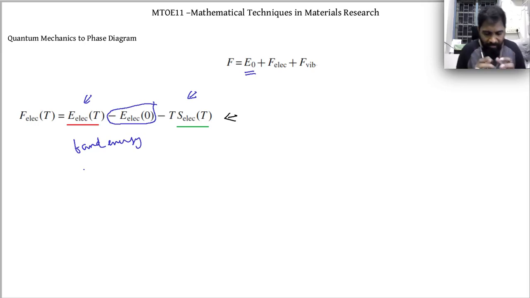So what band energy of the electrons means is that when we have electrons in a single atom, they occupy specific shells. When you consider a single atom and its electronic configuration, the electrons occupy specific shells, and each of these shells has specific energies associated with it. So the electrons within an atom occupy specific energy levels in the form of shells.